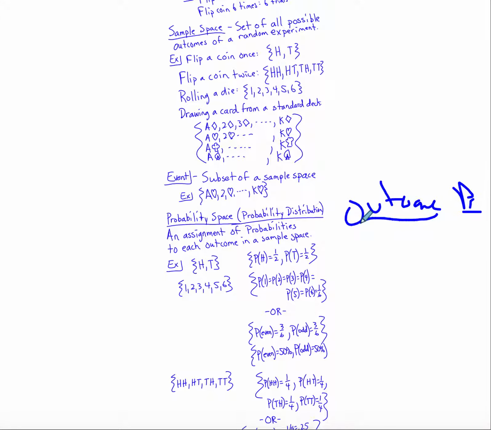So you'd list your outcome, which would be head, and the probability is 1/2. Then you list your outcome of tail, and the probability again is 1/2. This is what is known as our probability space or probability distribution, where you're listing all the outcomes and their probabilities.